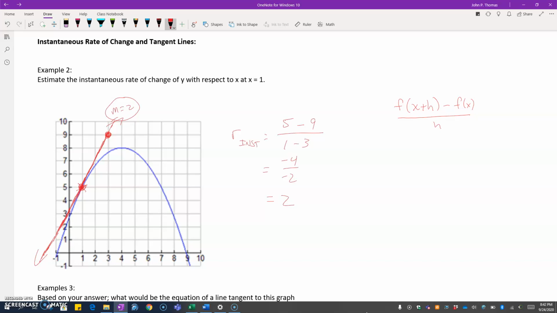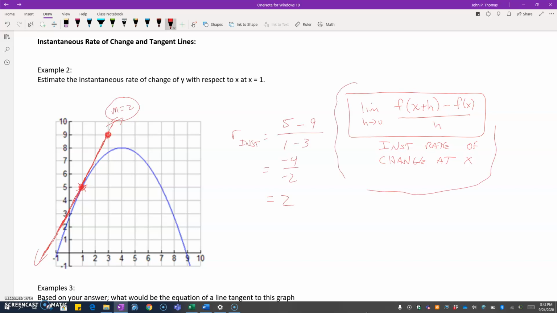So when I subtract those, I just end up with an h. Now, in order to get instantaneous, we have to take that h and shrink it down so it's almost non-existent. So limit as h goes to 0. This rule gives us our instantaneous rate of change at x.